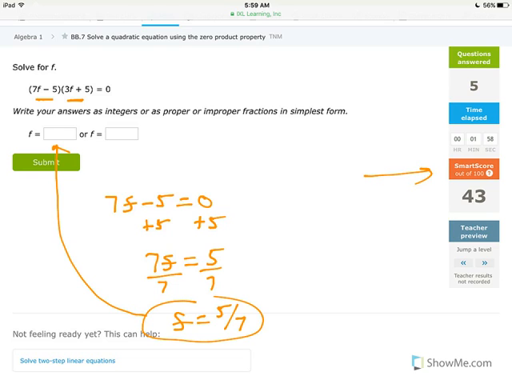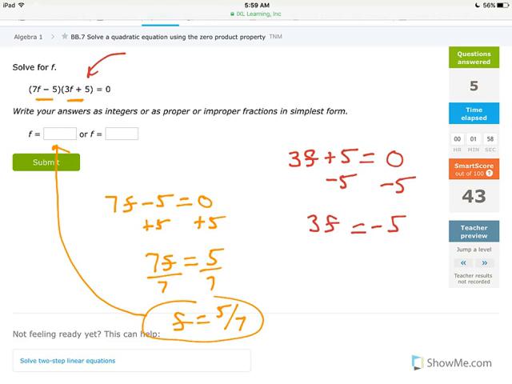And then solve the other factor and see how that one can be 0. So how can 3f plus 5 work out to be a value of 0? Subtract 5 from both sides, and divide both sides by 3.